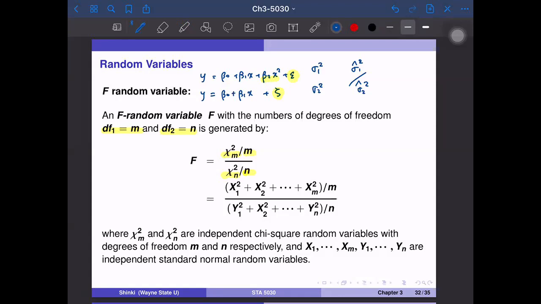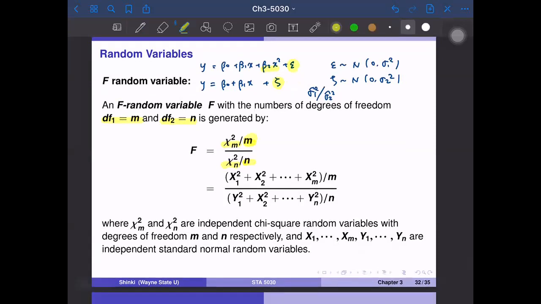So if epsilon follows normal 0, sigma 1 square, and zeta follows normal 0, sigma 2 square, then by comparing this ratio of two variances, you can see which model has smaller variance and how much smaller. So F distribution is used to represent that kind of random variable.